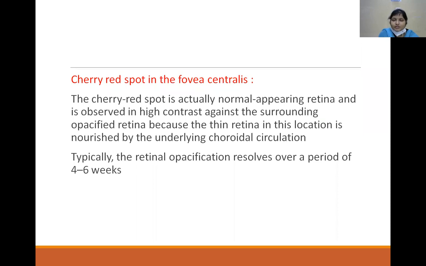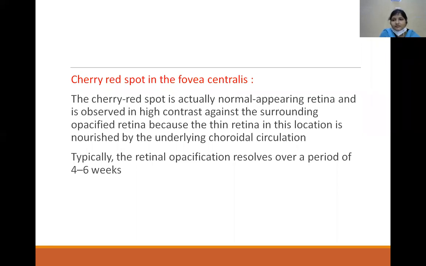What is this cherry red spot? It is a 2-mark question for you. The cherry red spot is the appearance of a reflex in the fovea. This is actually a normal appearing retina and is observed in contrast to the surrounding milky edematous retina. So why do you see the reflex present in the fovea?